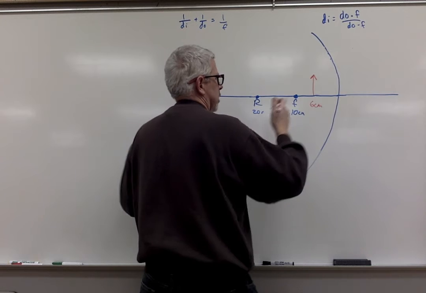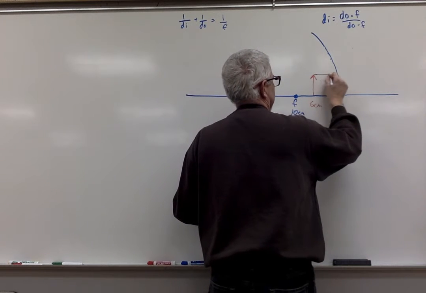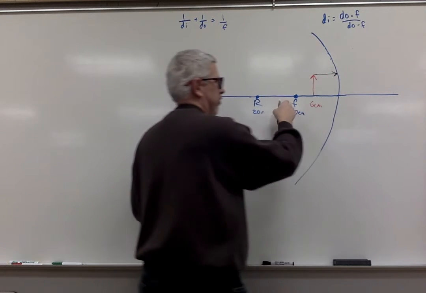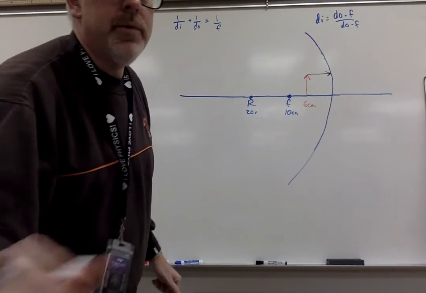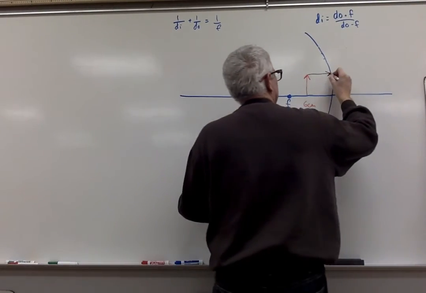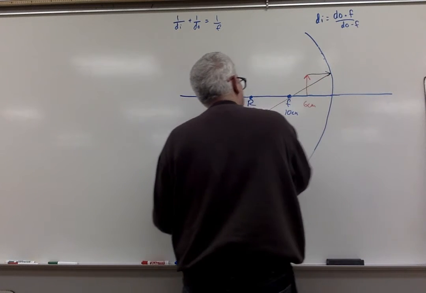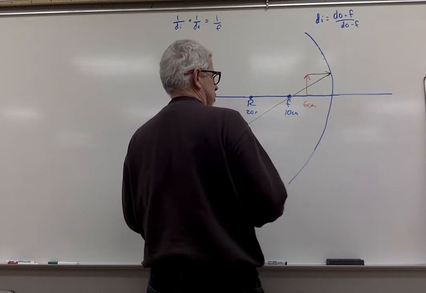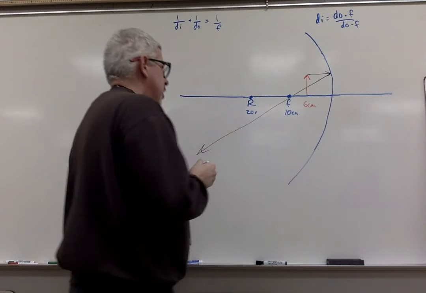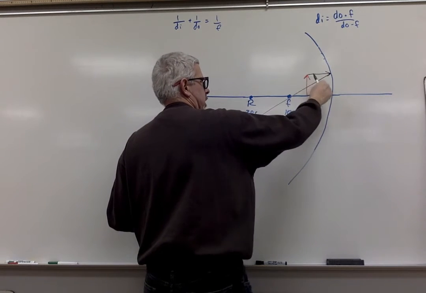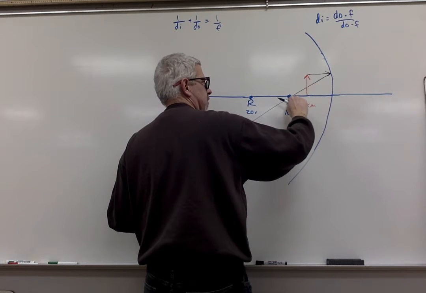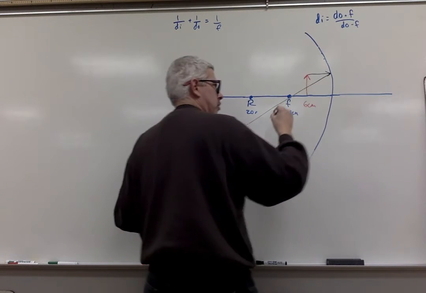The first ray I can draw like this. It goes in parallel to the optical axis and reflects back through the focal point, kind of like we've seen before. The second one, I can't pass through the focal point after the light ray comes from here, but I can have the light as if it is coming from the focal point.